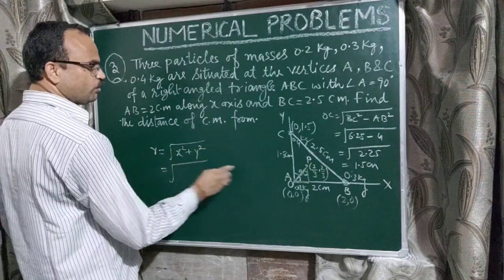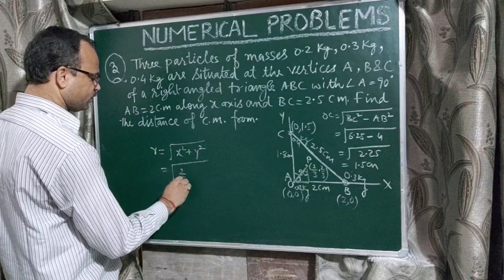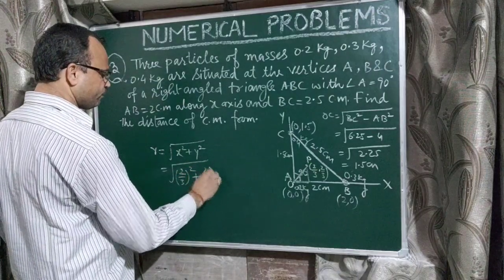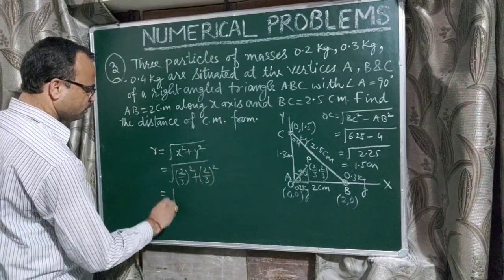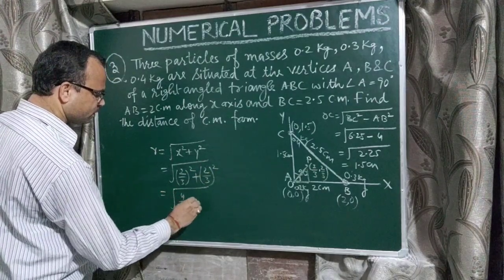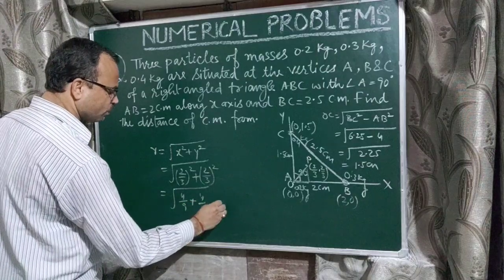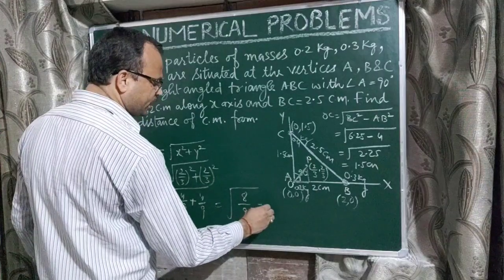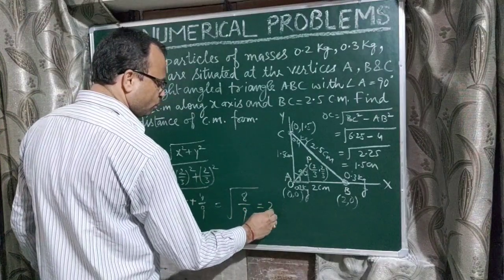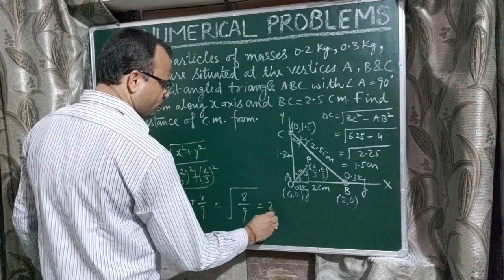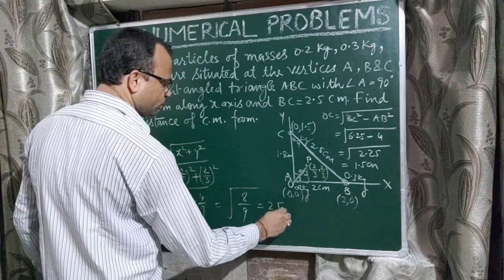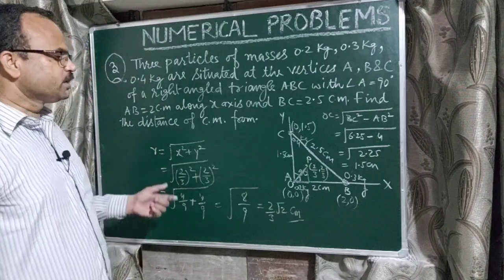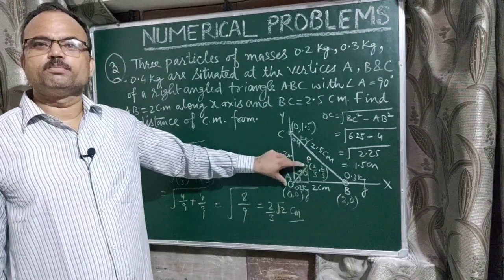The value of x is (2/3) square plus the value of y again (2/3) square, which means 4 upon 9 plus 4 upon 9. So 8 upon 9, or we can write 2 upon 3 under root 2, which means 2 root 2 upon root 3 centimeter. It is the distance of the center of mass from the origin.